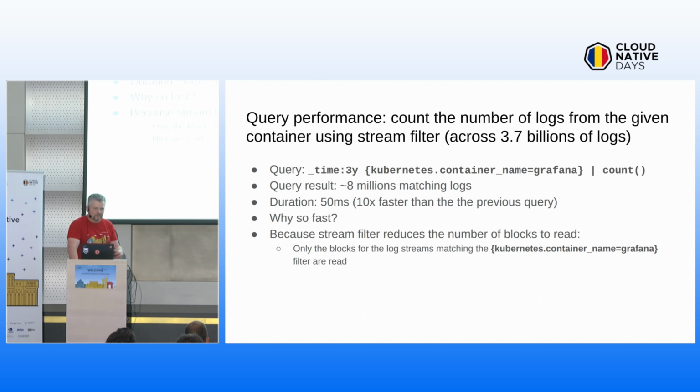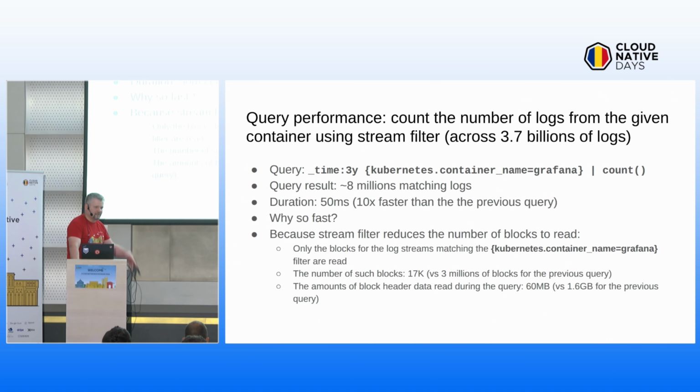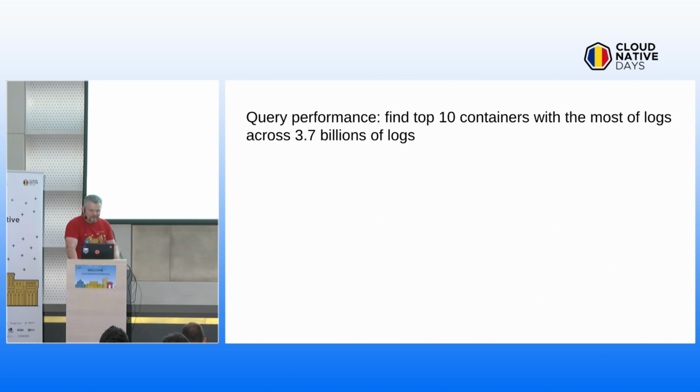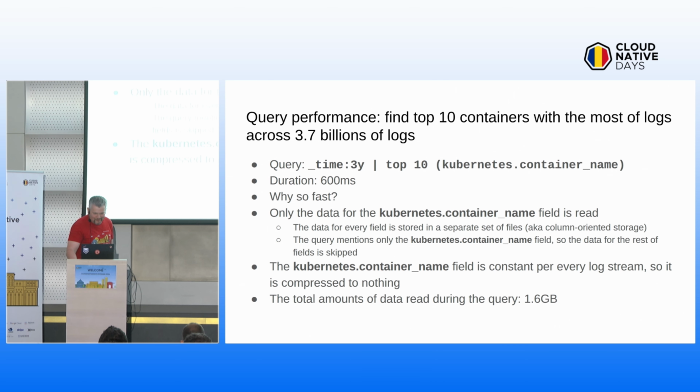It scans only blocks for the given log stream filter, and the number of such blocks is significantly lower compared to the total number of blocks, and the amount of data that needs to be scanned for this query is also much smaller. That's why the query is so fast. And the next, let's skip this because I have no time.